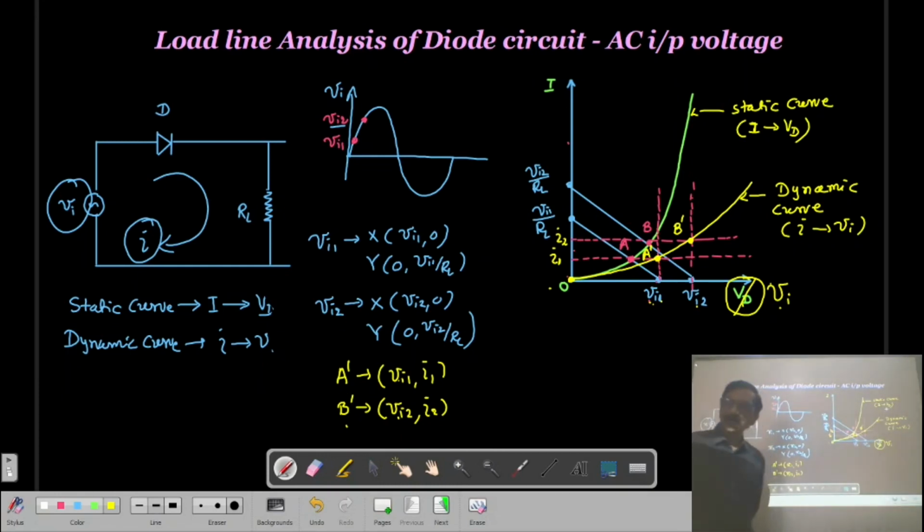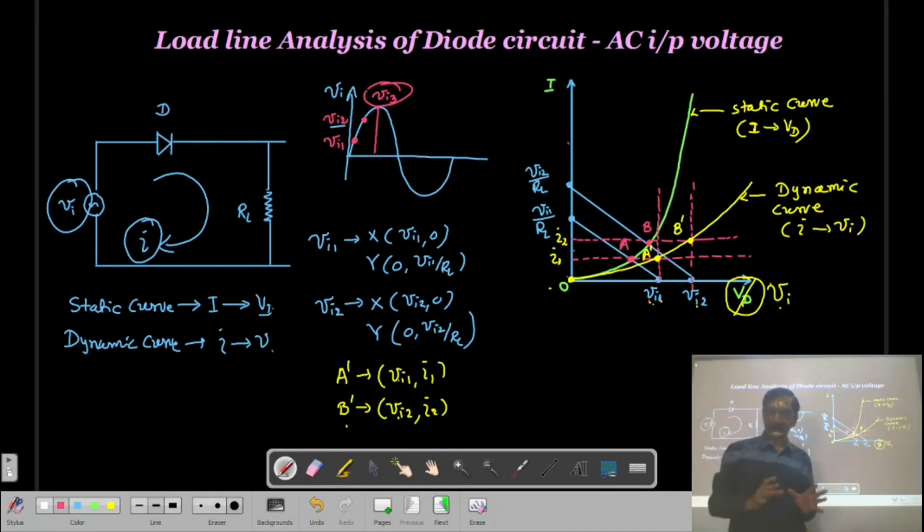Correct? So once you have a dynamic curve, now for any input voltage you can find out the current. Suppose my input voltage is VI3. How much current is flowing in the circuit? Now again, I don't have to draw a load line.